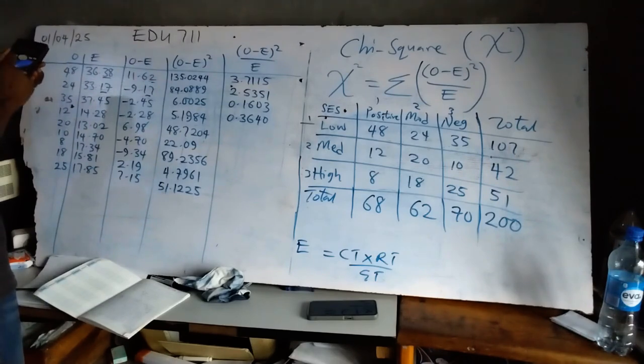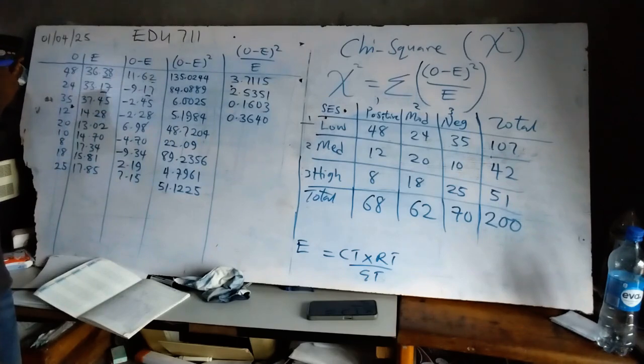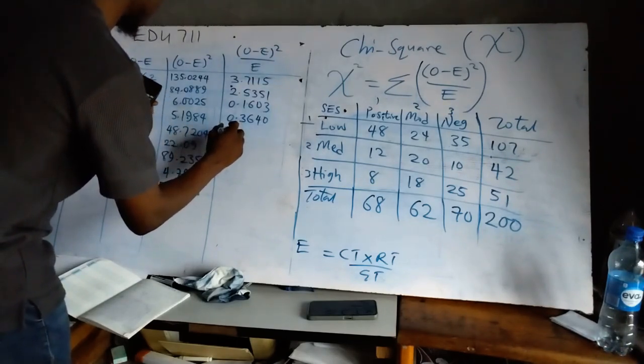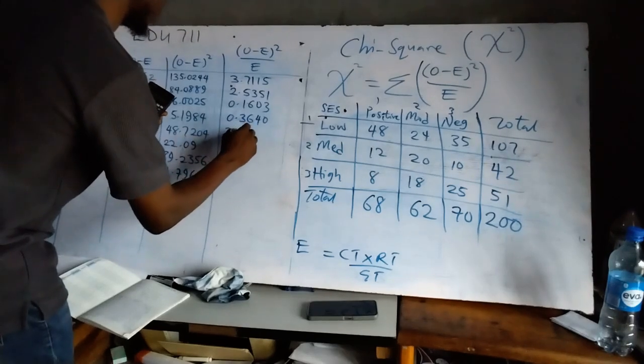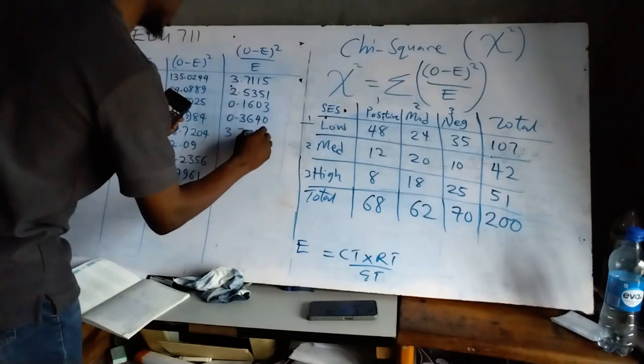Then 48.724 divided by 13.02, that is equal to 3.7419.